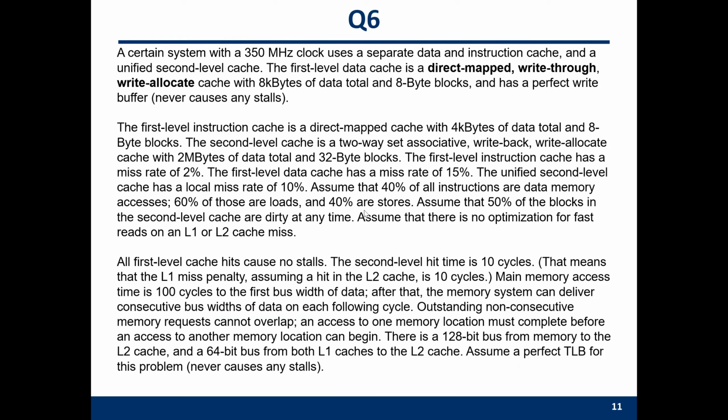After that, the memory can deliver consecutive bus width data on each following cycle. The non-consecutive memory requests cannot overlap. Access to one memory location must complete before access to another memory location can begin.